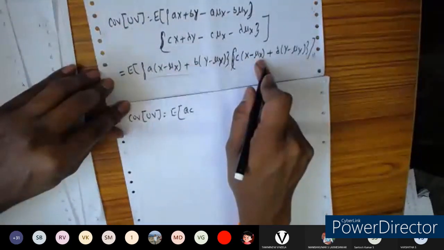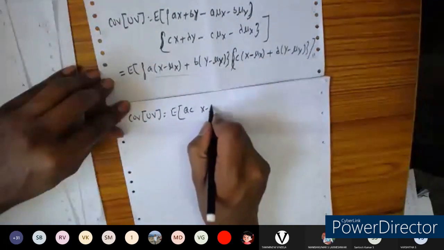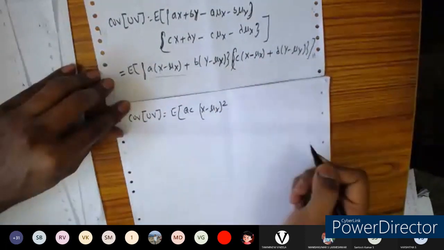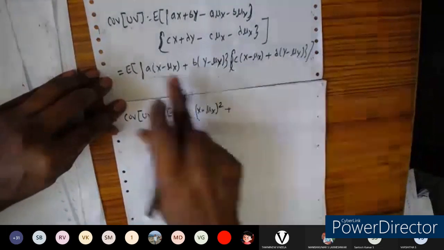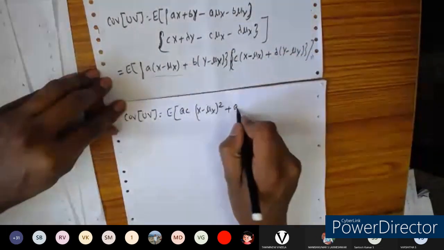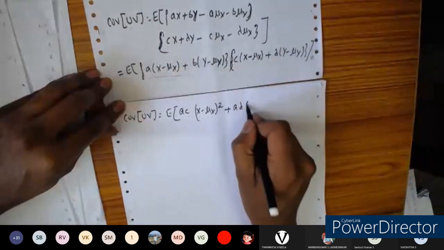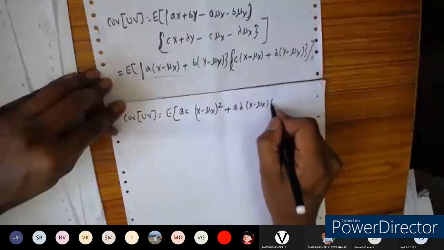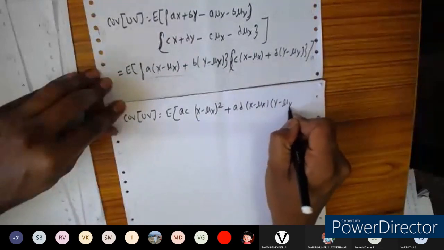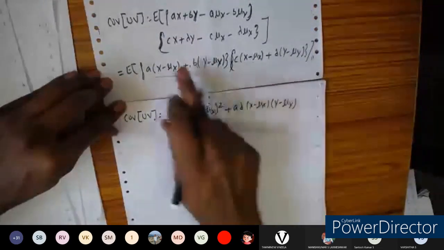So (x minus μx) times (x minus μx) becomes (x minus μx) whole squared, ac times that. Plus, this into this becomes a into d, (x minus μx) into (y minus μy). So we got this into this.